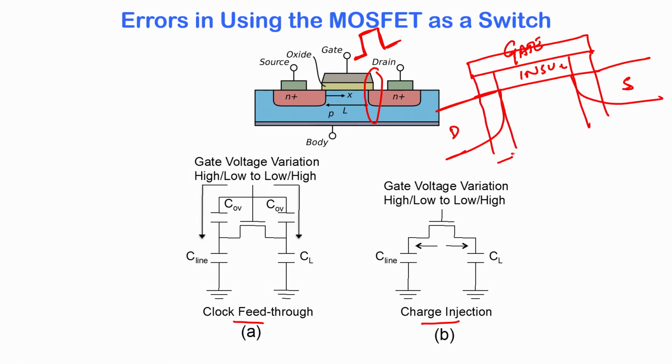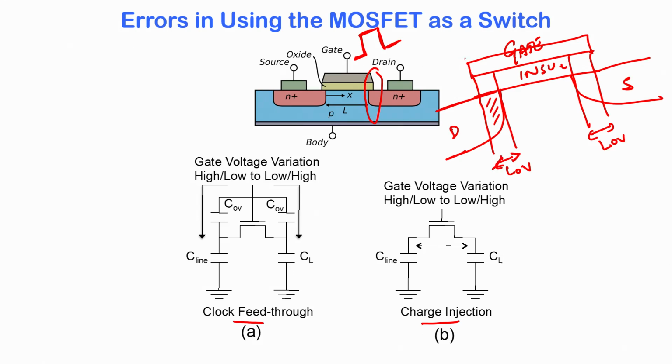When we discussed the geometry of the MOSFET we had marked this overlap region with L overlap, and this overlap is important for the operation of the MOSFET because it provides complete gate field control through the entire channel. It is alright to have an overlap equal to 0, but the moment you have overlaps less than 0, then you have regions in the MOSFET that are not controlled by the gate. Therefore, this overlap is necessary, but is also responsible for some of the behavior that you see here.